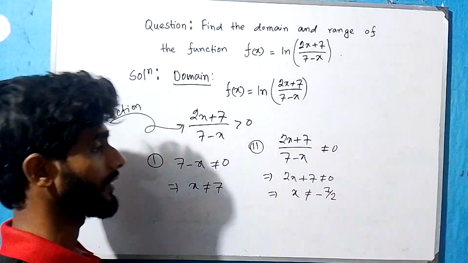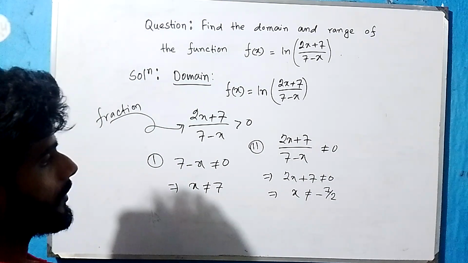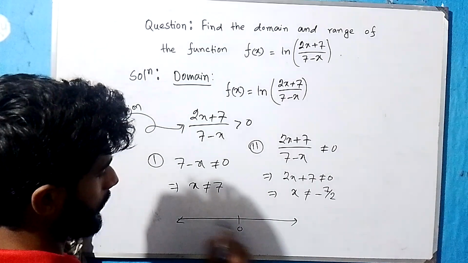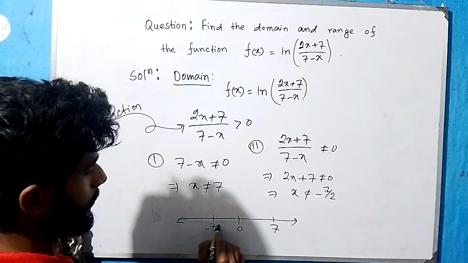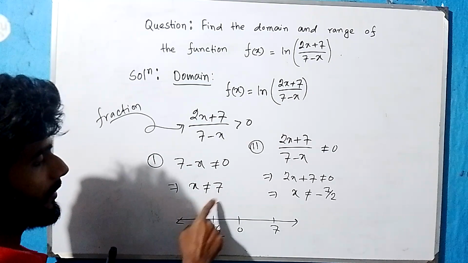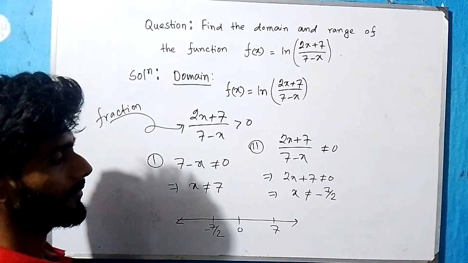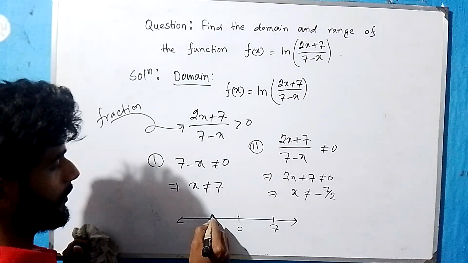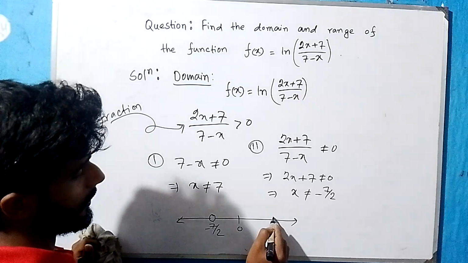But we are not done here, right? Because on the real line, this is 0, this is 7, and this is negative 7 by 2. Now we cannot take 7 and negative 7 by 2 as values of x, right? So this has to be neglected.